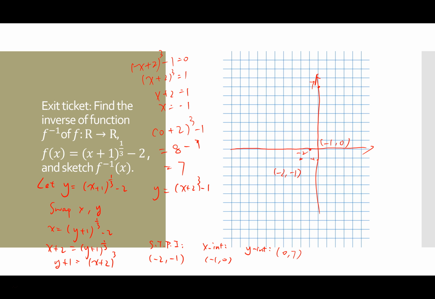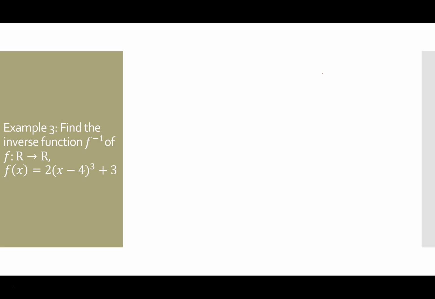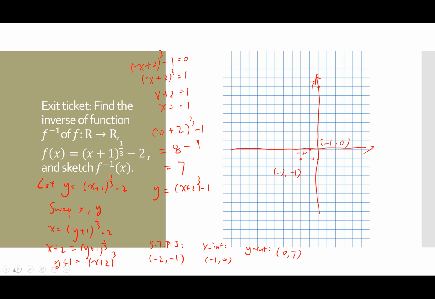And do make sure, because this is a cubic function, you show a horizontal tangent at the stationary point. Okay, so let's do it. And the graph should look like this.